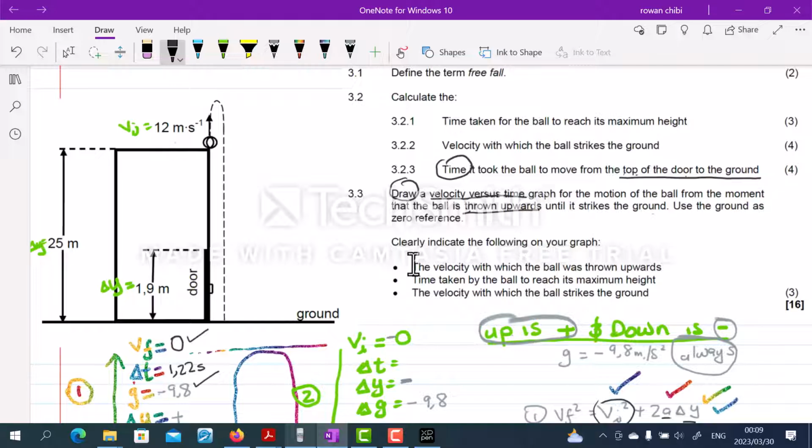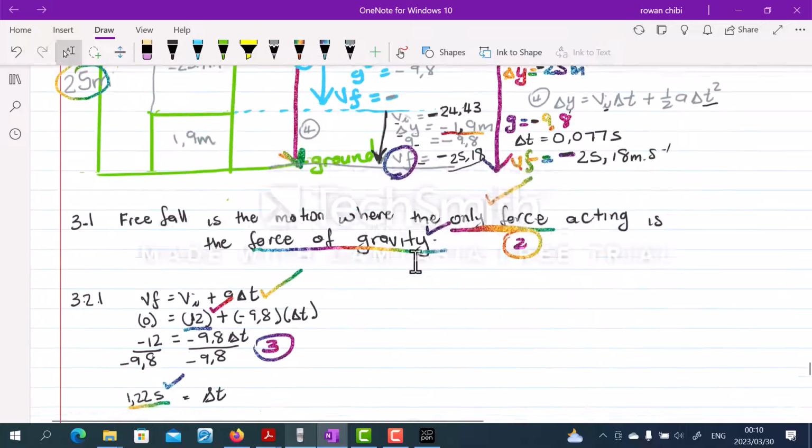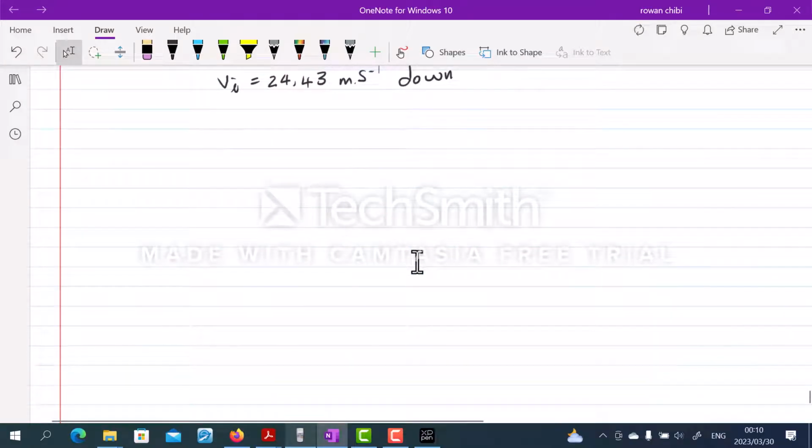Indicate the velocity with which the ball was thrown up, the time taken by the ball to reach the maximum height, and the velocity with which the ball strikes the ground. So we need to indicate the time here and the velocity here. We all have this. So let's draw the graph now.